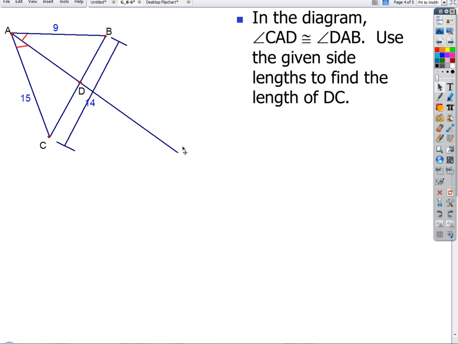Okay, so what kind of a proportion can we set up there? And for a second here, let's not even mess with any of the lengths. Let's just think of it in terms of the segments.